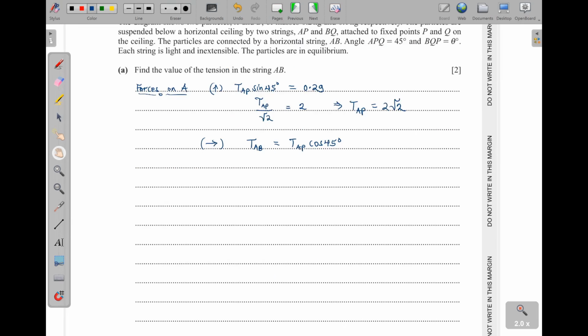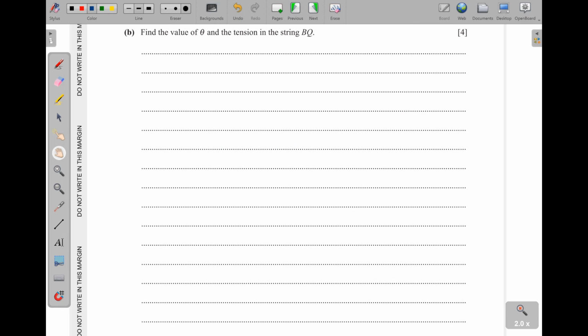Now, we can substitute TAP, we have already gotten it as 2 root 2. And then cos of 45 is 1 over root 2. Don't you think this one cancels with this? And therefore your tension in AB is equal to 2 newtons. So that is that. Part B, find the value of theta and the tension in string BQ.